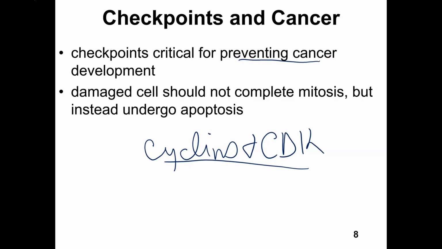So if cells are not able to prevent improper growth of mutated structures, then cancers can develop. And our cells are always undergoing this process to make sure that we do not develop cancerous cells.